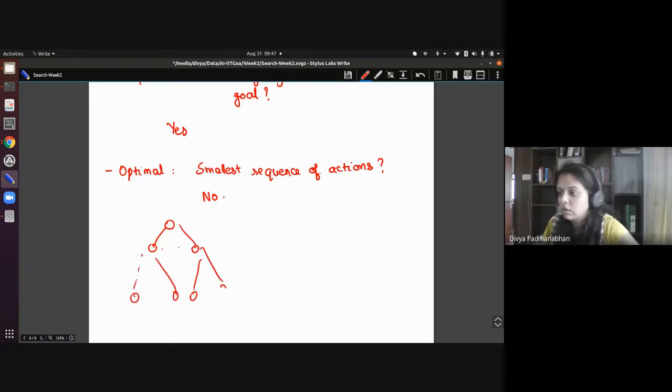There can be a goal here, and maybe there was a goal here. But what this is going to do is, it might find this one first because it has chosen this one to explore first, and it's gone very much into the tree. So then, it will not give you this goal, right? So in that sense, yes, it's not optimal.